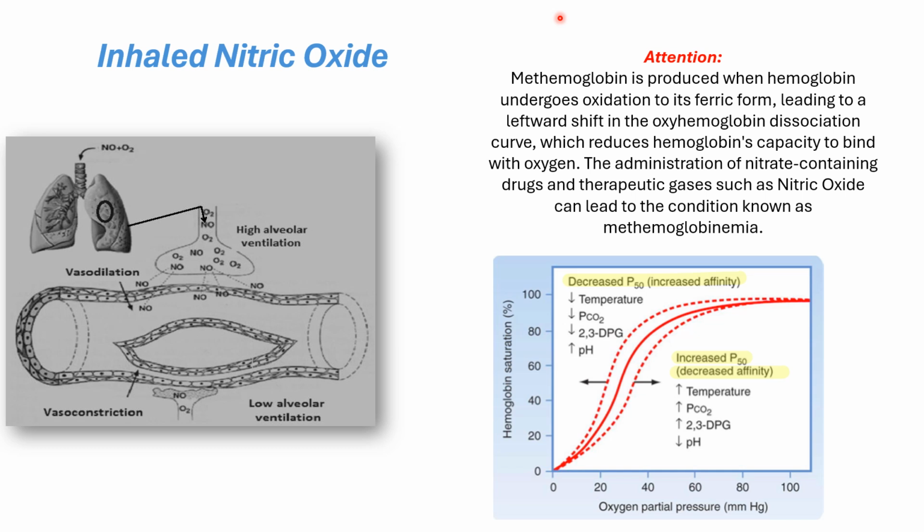So we always have to keep an eye on the formation of nitrogen dioxide, which is NO2, or superoxide forming peroxynitrite.